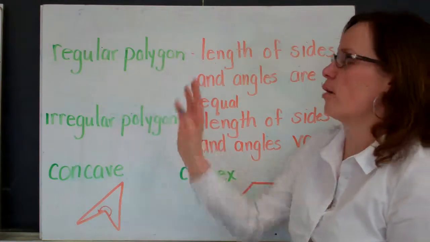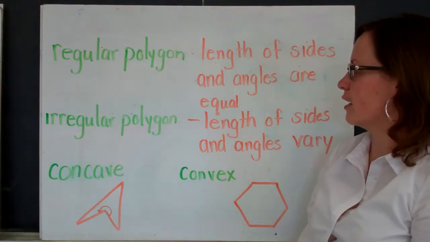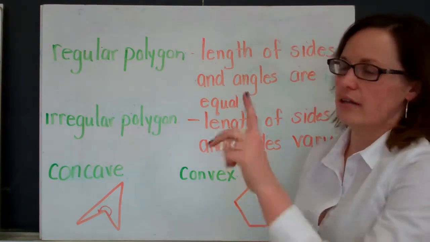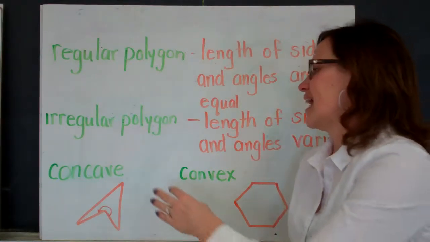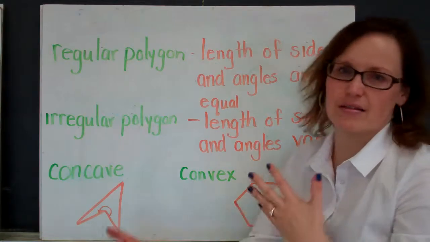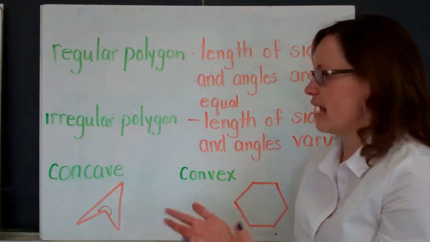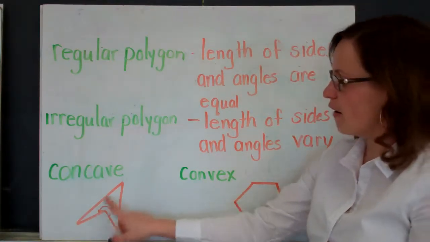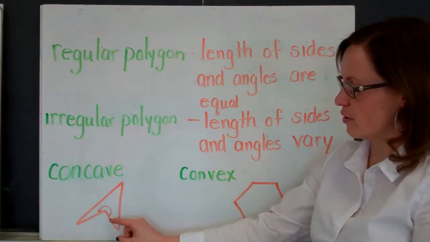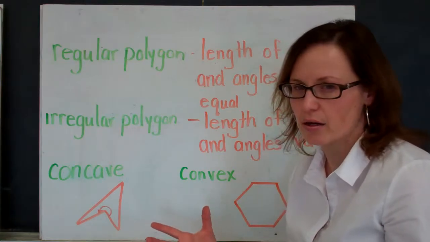And then the term regular polygon. In a regular polygon, the length of all of the sides are the same, and the angles are all the same. An irregular polygon means the lengths of the sides vary, and the angles vary. A concave polygon is when you have one really big angle in the shape.